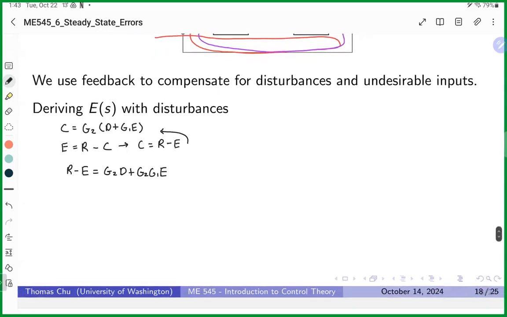And then rewriting our error, we get 1 plus G2G1 multiplied by E is equal to R minus G2D.